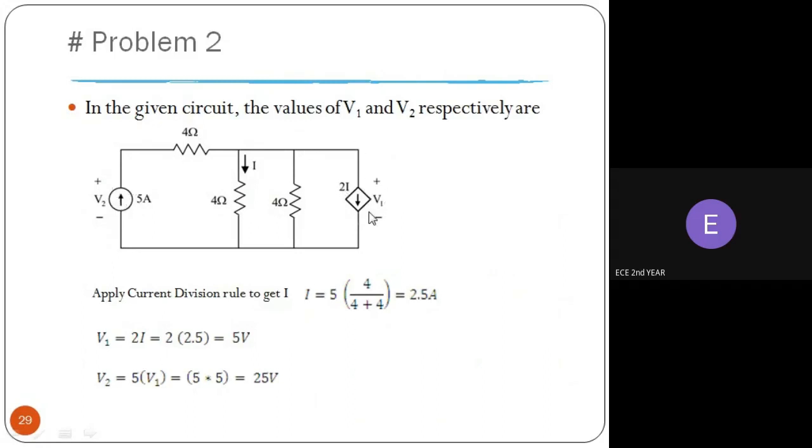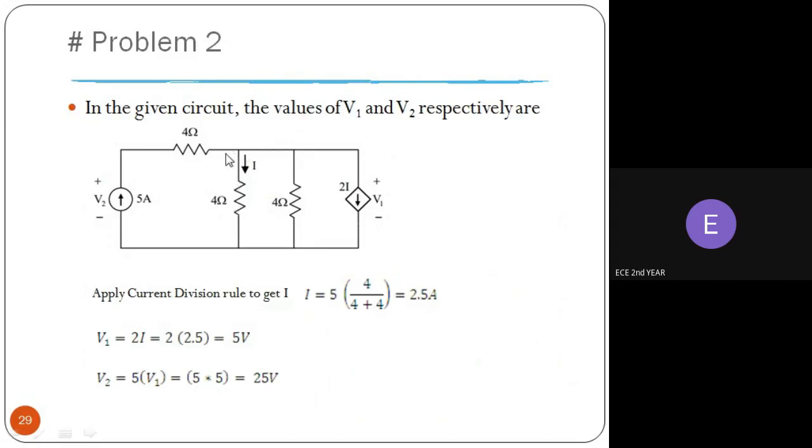So here we need to calculate V1, and the current source is 2 into I. Here I is specified in this 4 ohms branch.